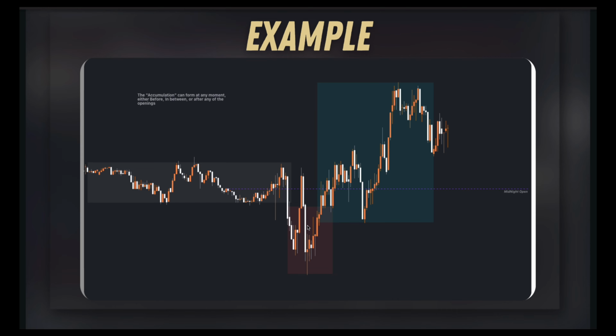We see a pullback, comes down a little bit more, sweeps up this bit of liquidity left, and then finally starts distributing back up, does a little bit more of a pullback, and then finishes its last bit of distribution to the upside. So this is what I mean by price can be a little unpredictable when it comes to when it accumulates, how it looks when it's manipulating, and how it looks when it's distributing.